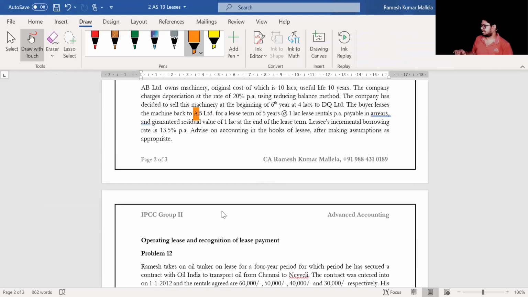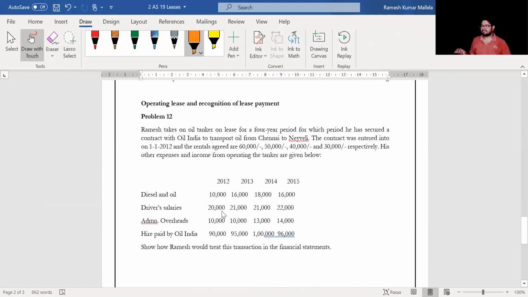Okay. So last question in this particular topic, a very simple question. I'll read out. Operating lease and recognition of lease payments. Ramesh takes an oil tanker on lease for a 4-year period for which he has secured a contract with Oil India to transport oil from Chennai to Neyveli.